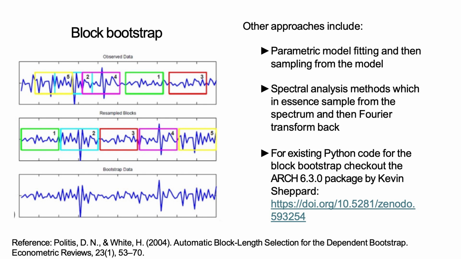You can also use spectral analysis methods to resample, which in essence sample the spectrum and then take a Fourier transform. So there are all sorts of techniques. If any of you are interested in existing Python code for the block bootstrap, full credit to Kevin Sheppard for the package. This time I just coded it myself.